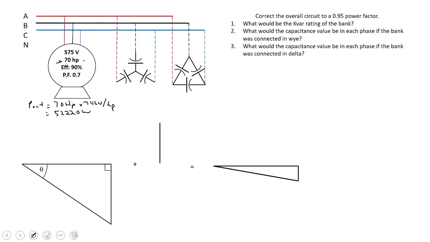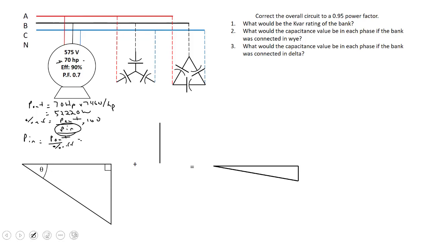All right. Now back from efficiency. Efficiency is equal to power out over power in times 100. So if I want to figure out the power input, I just take my power output and I divide it by my percent efficiency.